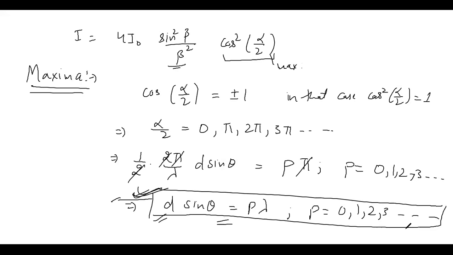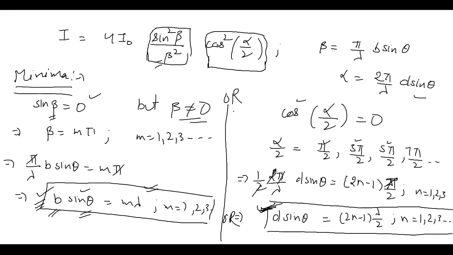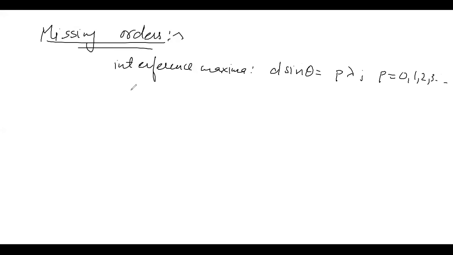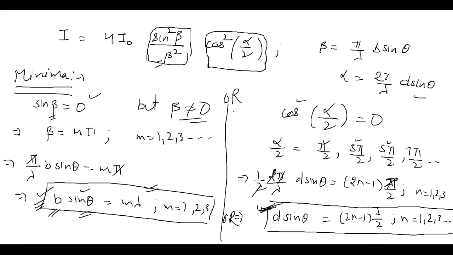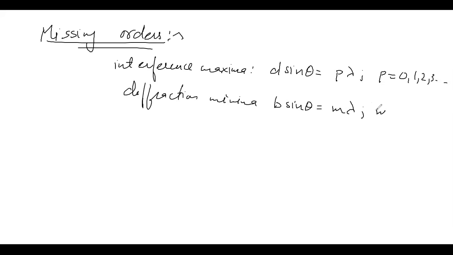But your diffraction is saying that there should be a minima, which basically means that your b sin theta is equal to, I don't know if I used m or n, m lambda. m can take values. So remember, there is a relationship between d and b. d is nothing but a plus b.